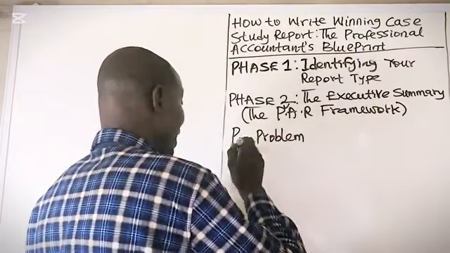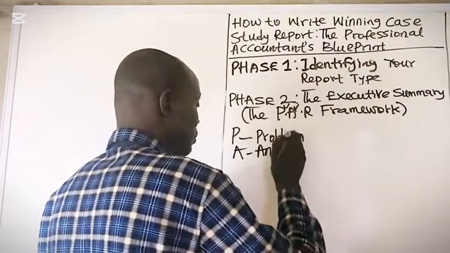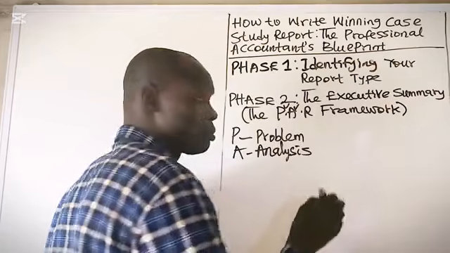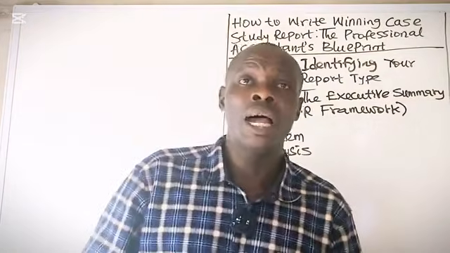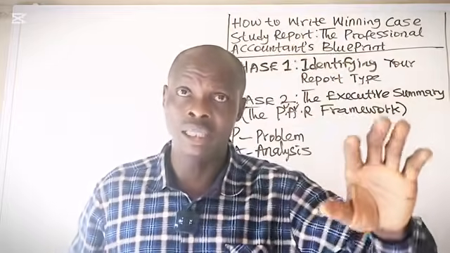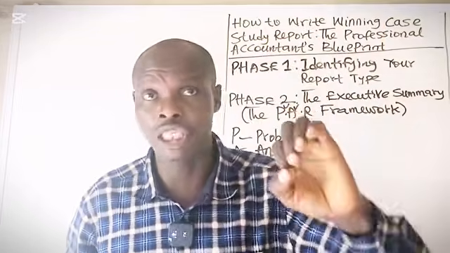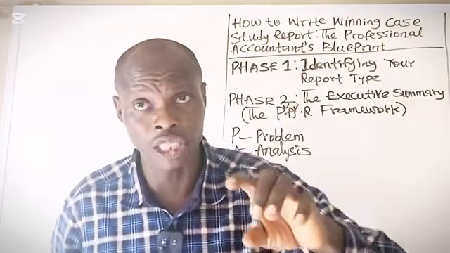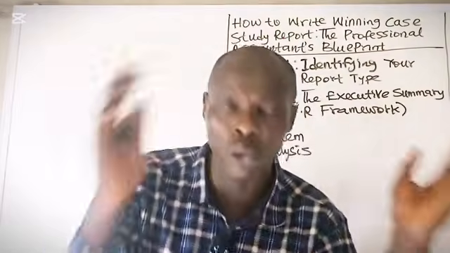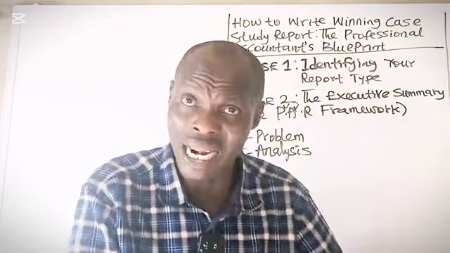Then the letter A from the PER stands for analysis. Analysis is a high-level summary of your logic. Do not repeat calculations in your analysis.